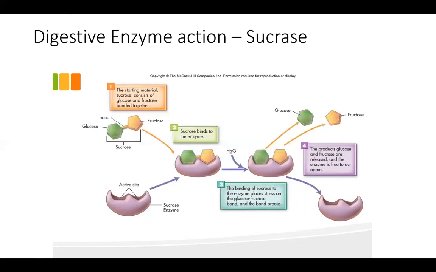So when the sucrose binds to the sucrase, in the presence of water, the enzyme is actually able to break that bond and separate the two components of the sucrose into glucose and fructose, which we can then use for energy production. The enzyme is then free and kind of recycled in a way to be used again. So enzymes would be components of GI secretions.